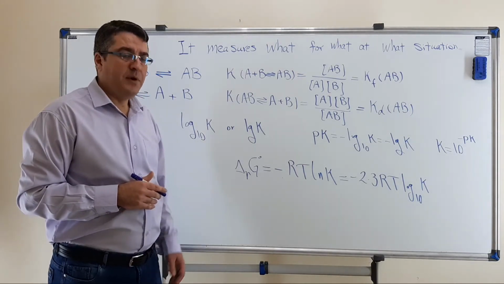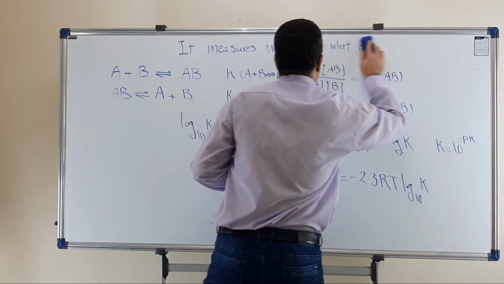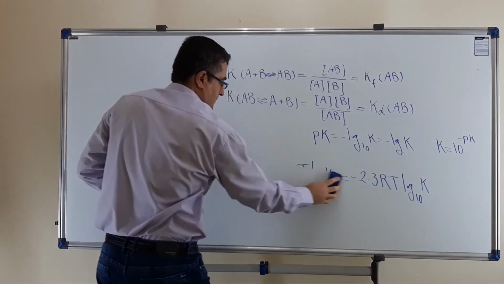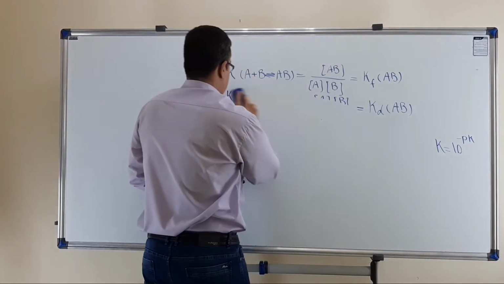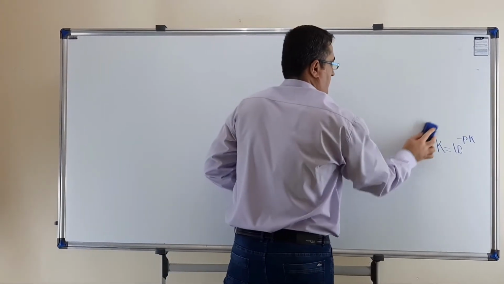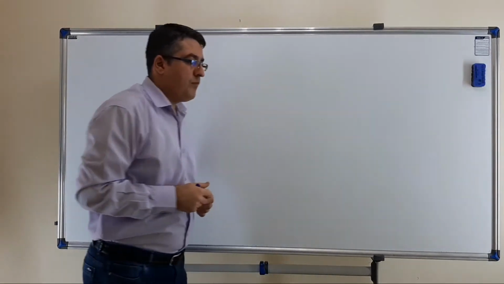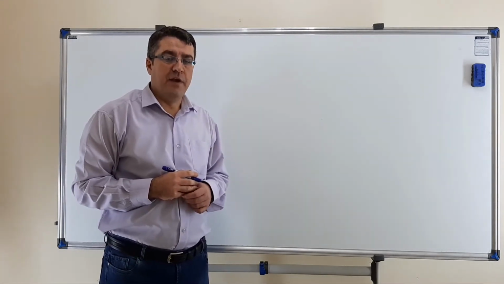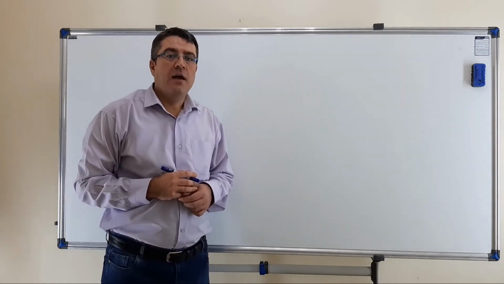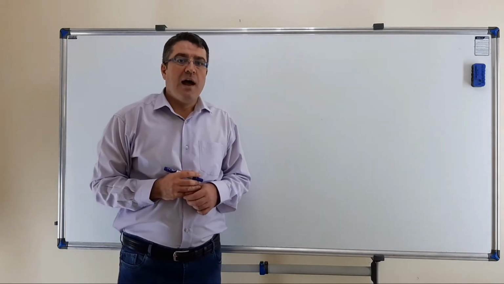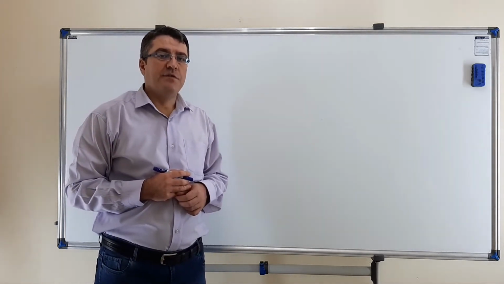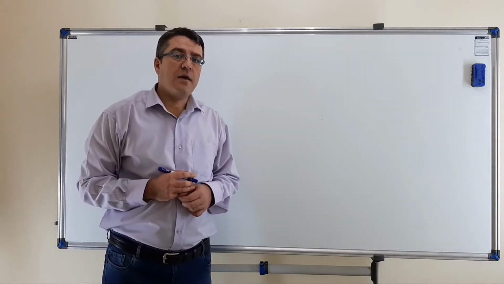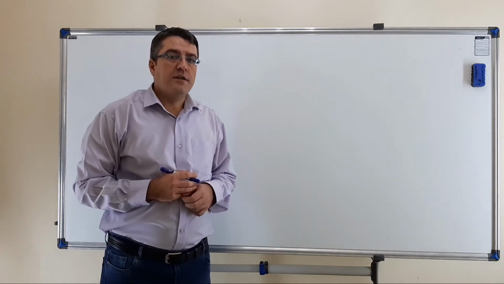Let's consider an example. For example, let's consider reactions between Fe3+, ferric, and Hg2+, mercury cations with halide anions, F- fluoride anion, Cl- chloride anion, Br- bromide anion, and I- iodide anion.